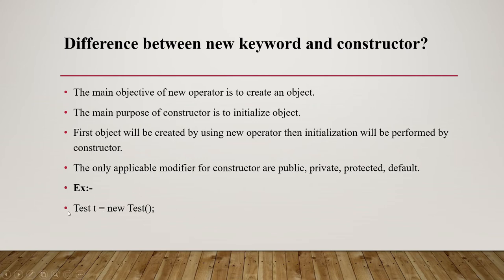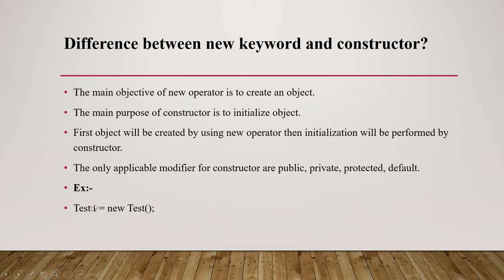So this is the example of the new keyword and constructor. In this example, Test is the class name. First we write Test t equals new. When we use new, it will create an object.